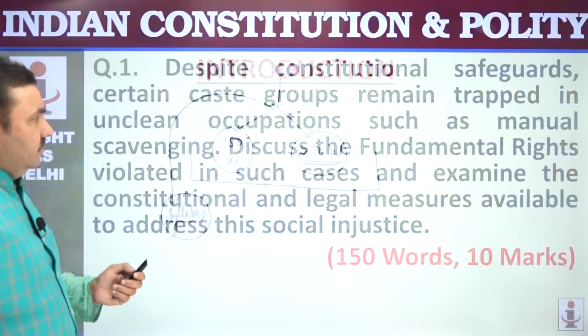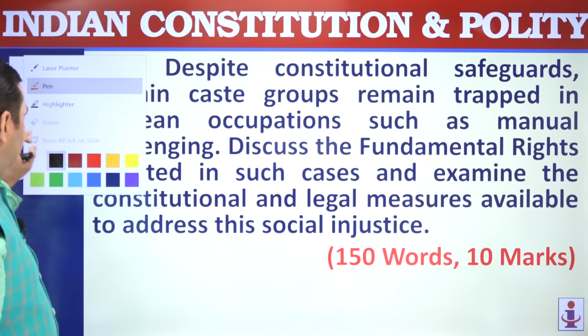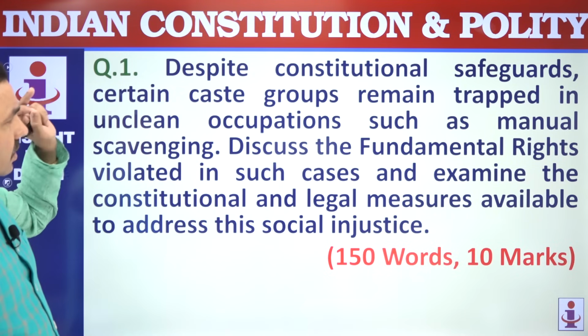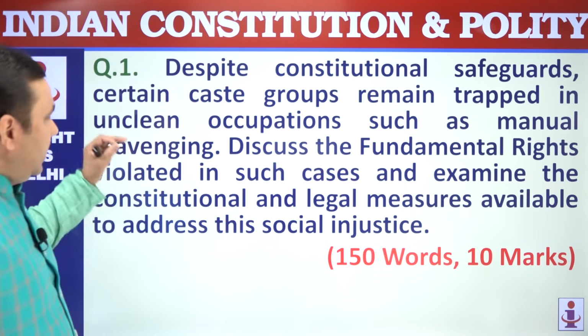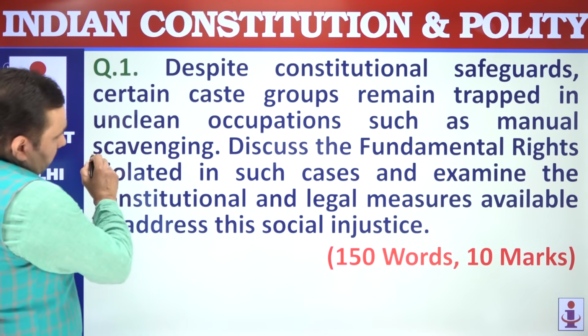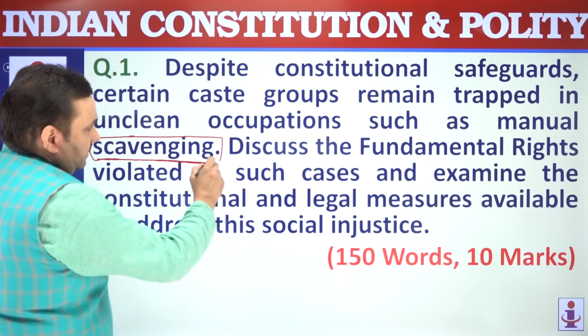Let's start today's session with the first question here. Despite the fact that the Constitution safeguards, certain caste groups remain trapped in unclean professions such as manual scavenging. So manual scavenging has been a blot on the face of Indian democracy.